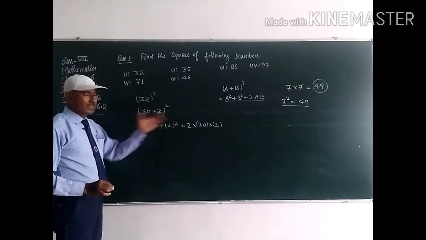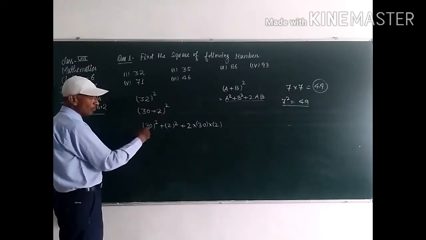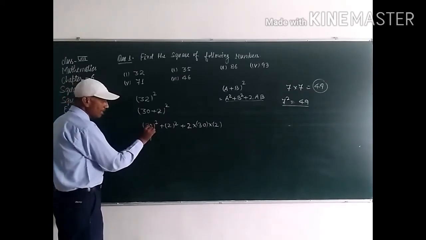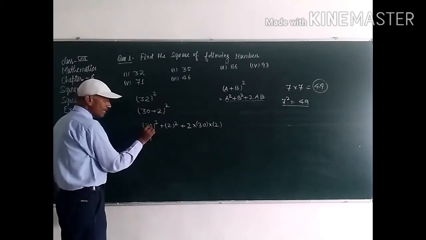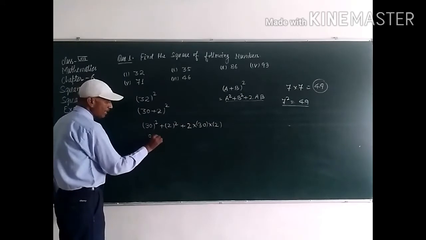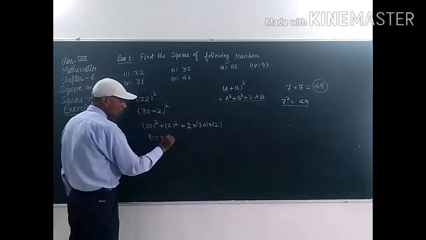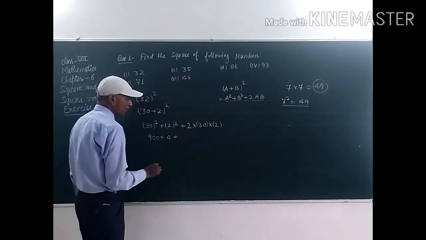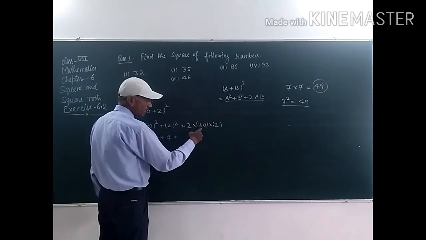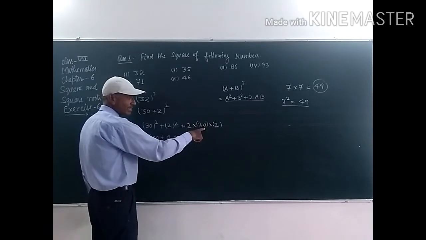Now the expression is like this. So 30 square means 3 square followed by a 0. 3 3s are 9, and it is a single 0, but in the square it will be double. So 900 plus 2 square, that is 2 into 2, 4, plus 2 into 3 into 2: 2 3s are 6, 2 6s are 12, followed by a 0 because it is 30.